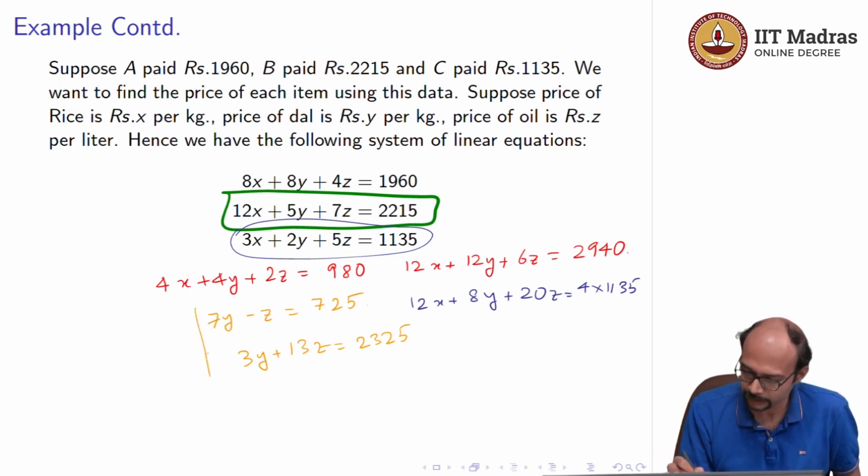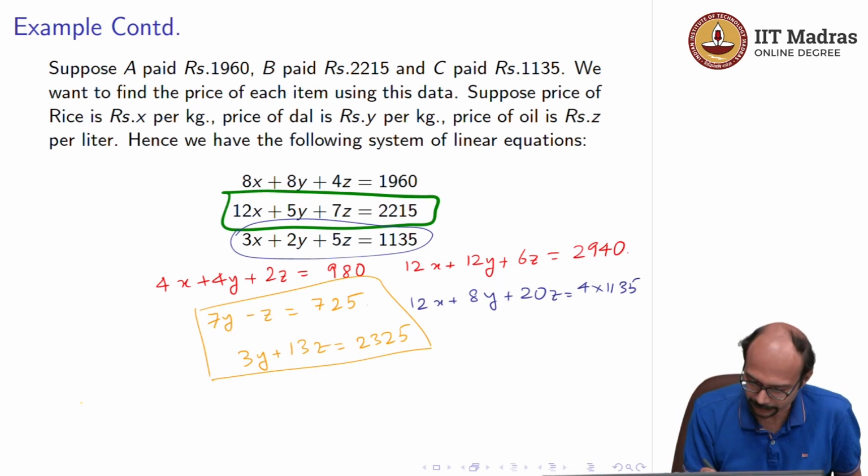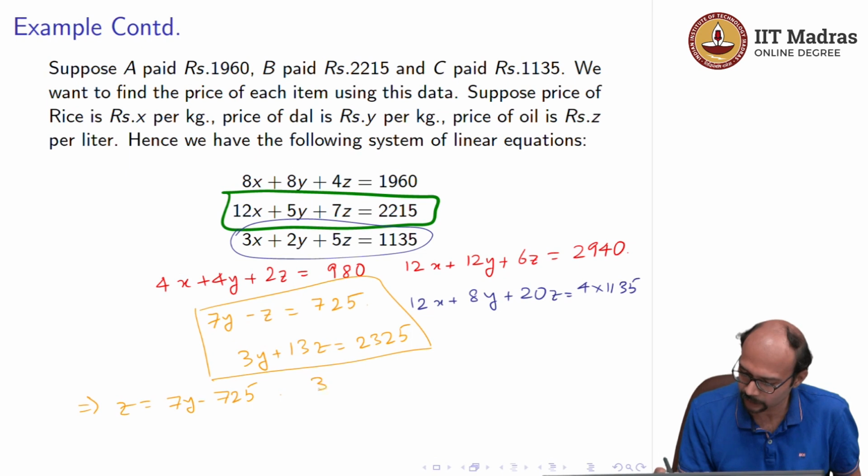Now we have two equations and two unknowns, namely y and z. So let's try and solve this. We can solve this by putting z equals 7y minus 725 and substituting in the second one. If you substitute in the second one, we get 3y plus 13 times 7y minus 725 is 2325.